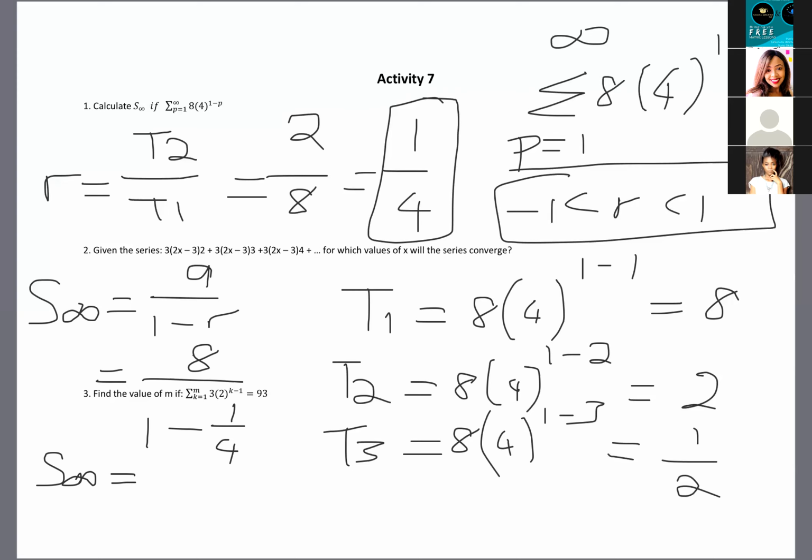Yes, perfect. So just remember that whenever you see the sigma notation, get your terms first, then you can calculate after that. Does it make sense? Yes, ma'am. So always start by getting your term 1, term 2, term 3, then you can start calculating the rest.